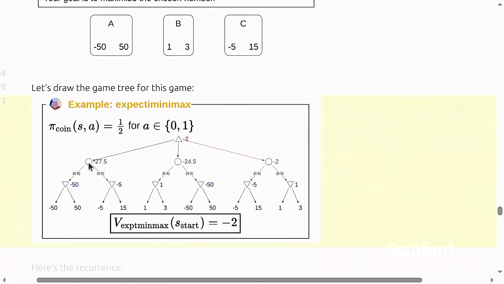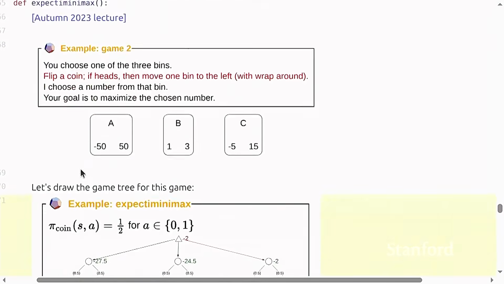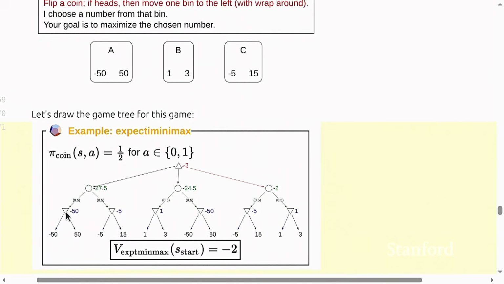And if it's heads, I move 1 to the left, and I end up in C, which is why I have -5 and 15. And if it's tails, then I stay in the same bin, and I have A here. And if I choose B, then I either stay or move to the left. By now, hopefully if I gave you this tree, you should just be able to compute the value at the top.